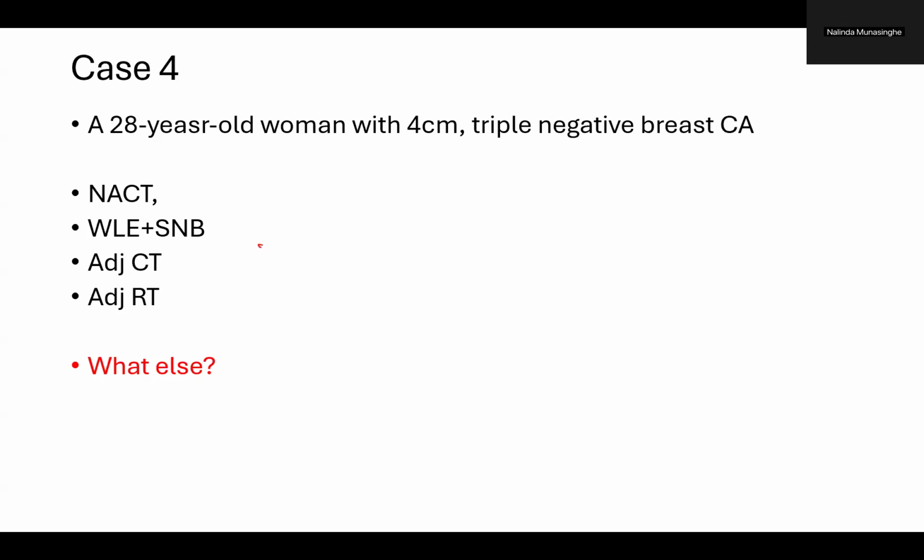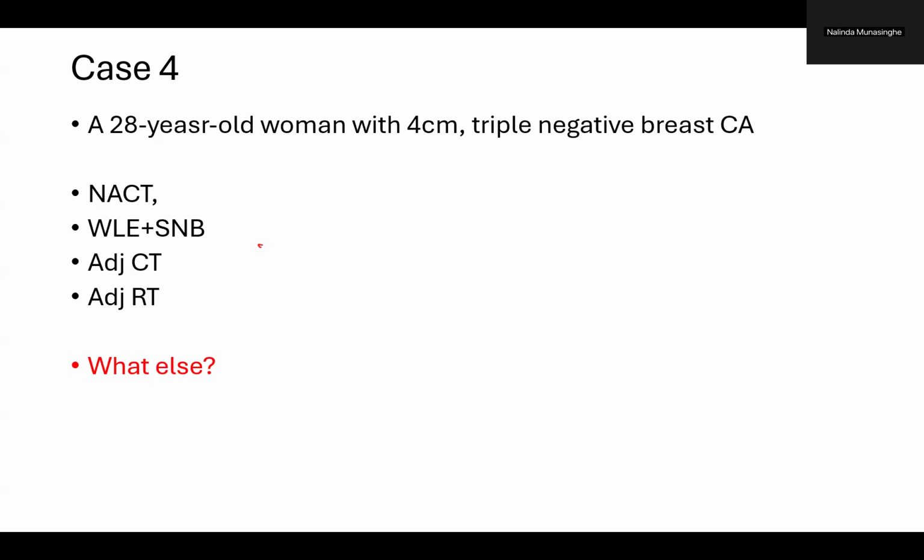If they have not completed their family, before going to neoadjuvant chemotherapy, because with neoadjuvant chemotherapy you will damage the ovaries, ovarian function will be lost. You have to do what is called ovarian preservation therapy. Either you give the neoadjuvant chemotherapy with GnRH analogs like goserelin to suppress the ovarian action so that the hit by the chemotherapy to the ovaries will be less, or you can preserve the eggs.